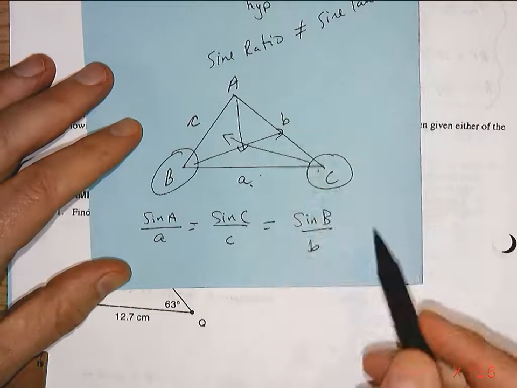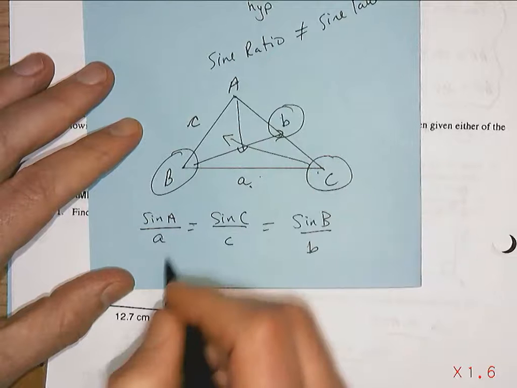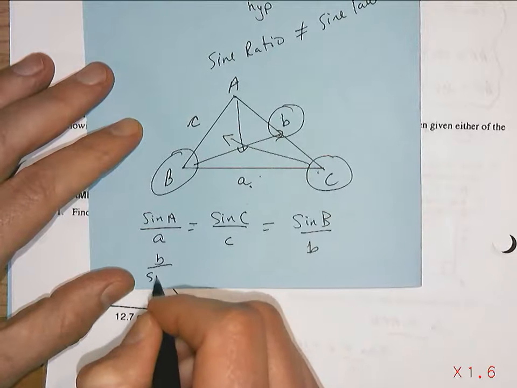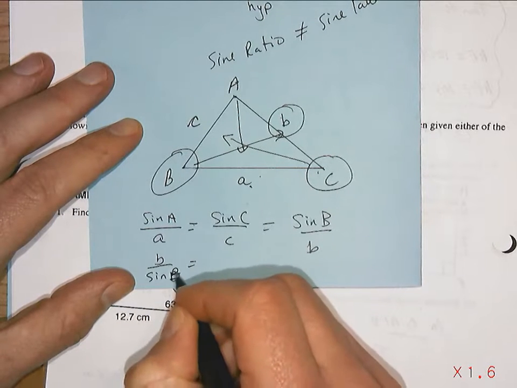And if that's true, we can also go the other way. We can say that the side length divided by the sine of the angle will be equal to, see what I did there?